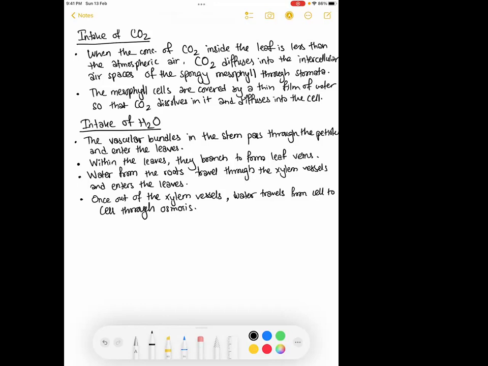Do you know if you have to learn specifically about the light dependent and light independent stages of photosynthesis? Why can't we hear you? Sorry?